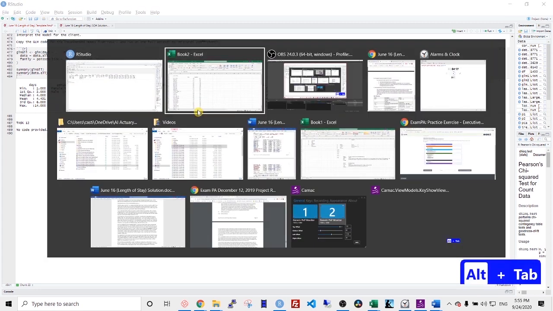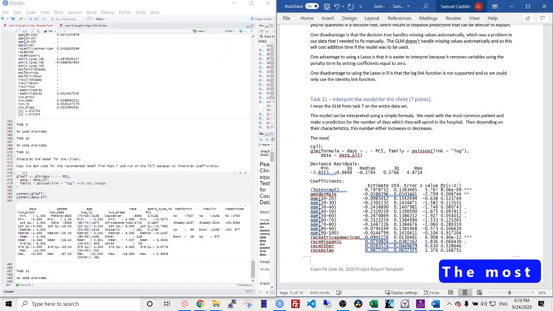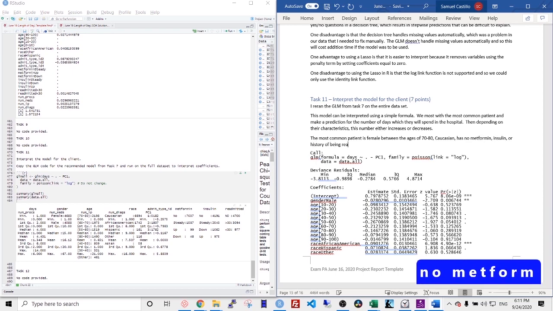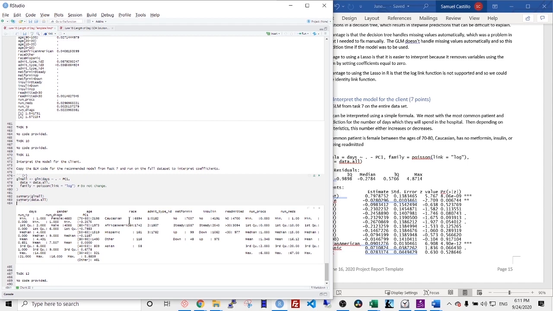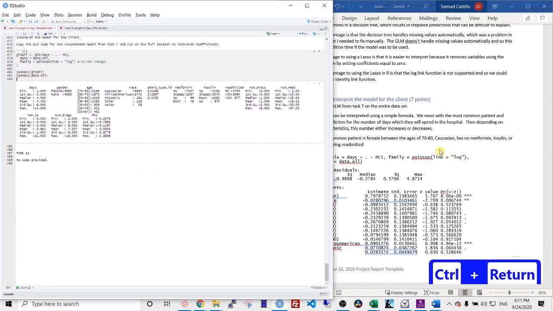And so let's go ahead and just type that into the document. The most common patient is female between the ages of 70 to 80, Caucasian, has no metformin, insulin, or history of being readmitted. I'm just making this window wider so that it's easier to read. So talk about gender, age, race, admit type 1.